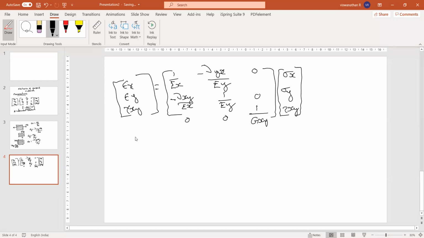So how many independent constants are there in this? Like in an isotropic material, we discussed it as 2. Can you tell me how many are there in this?